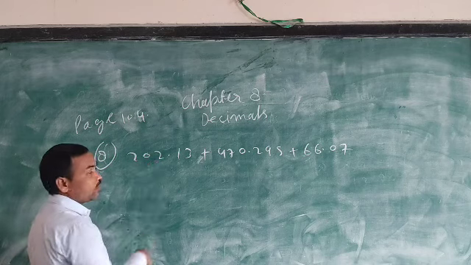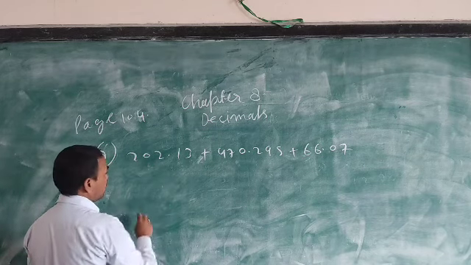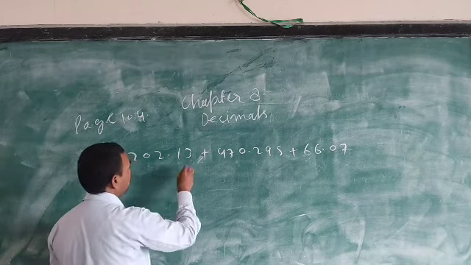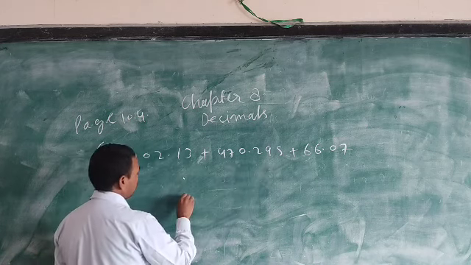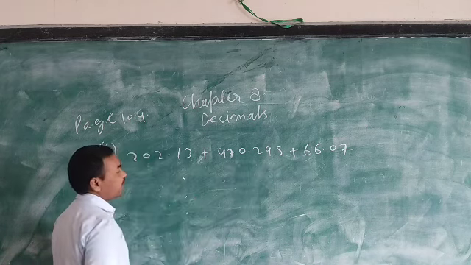So you know how to add. First you add the first decimal place. How many places? 1, 2, 3. That is 3 decimal places. So 3 places should be written like this.